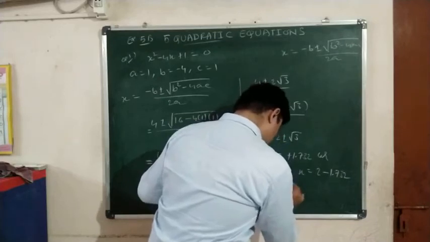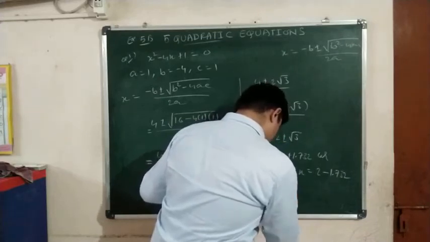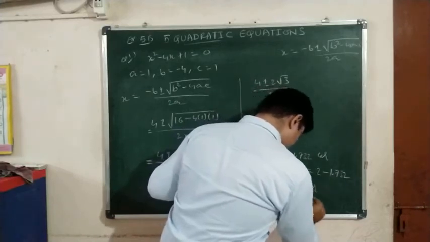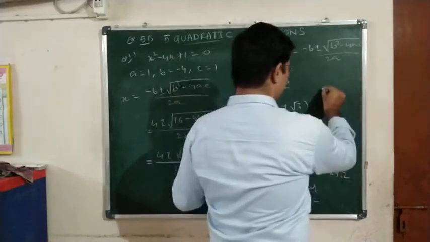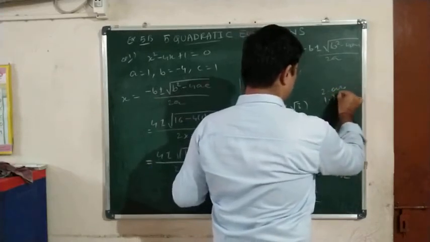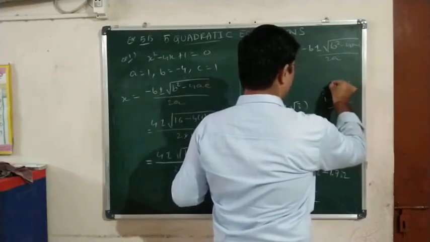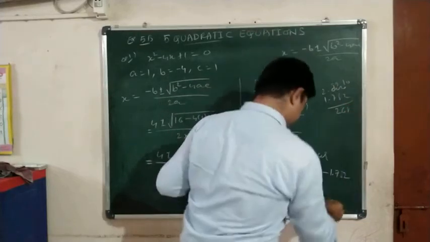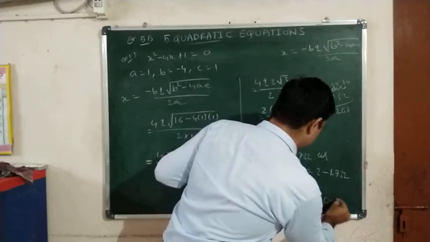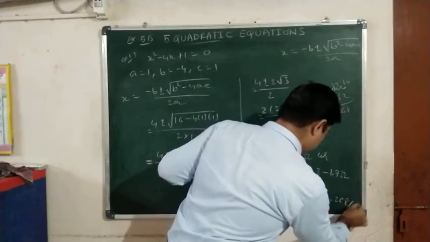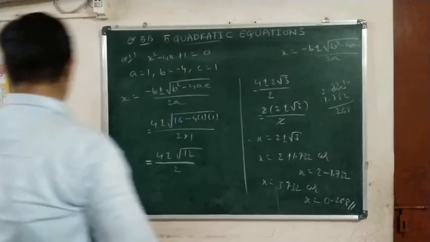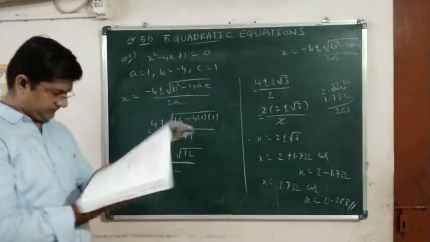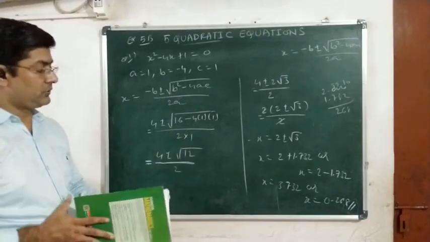So 2 plus 1.732 is 3.732, or x is equal to 0.268. Clear? So we got the two values, 3.732 and 0.268.